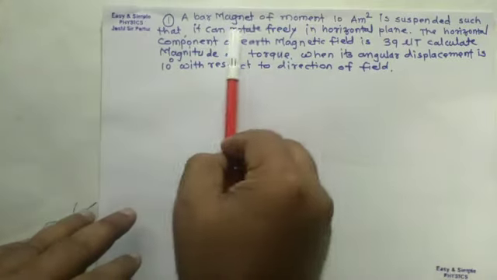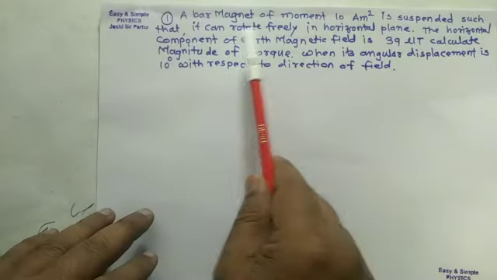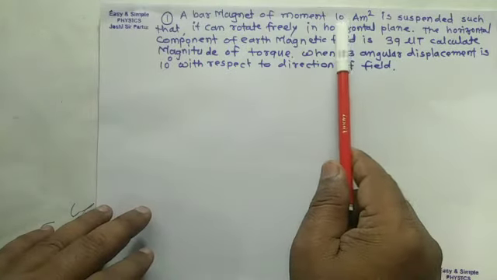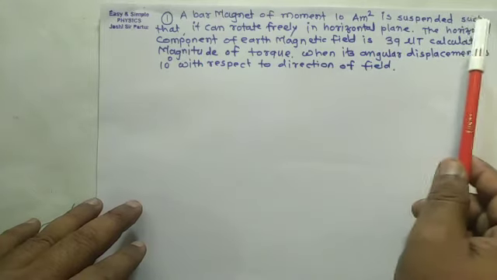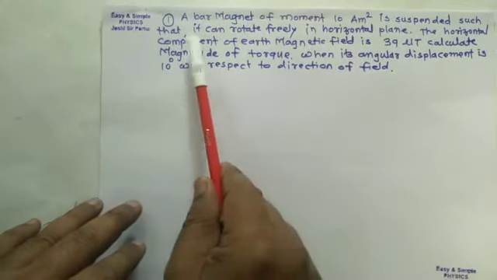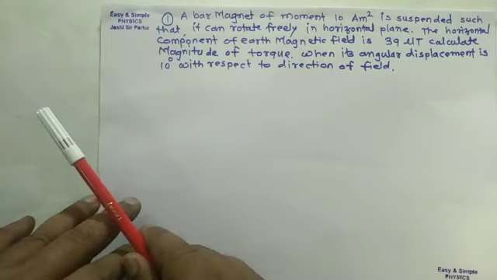A bar magnet of moment 10 ampere meter square is suspended such that it can rotate freely in a horizontal plane.